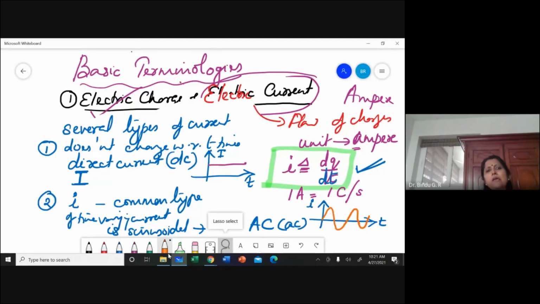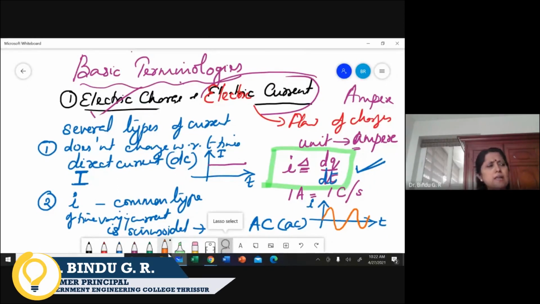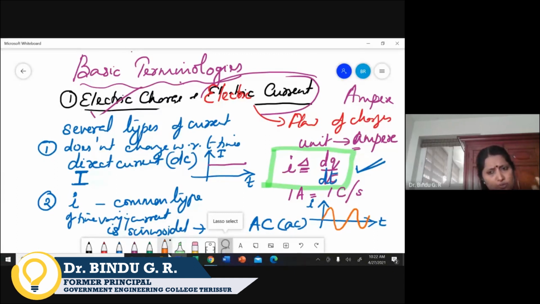Now, where do I have DC? Where do I have AC? All the appliances in our household, like washing machine, though within the machine some other changes are going on, but we give AC to our lighting systems, our electrical washing machine, refrigerator, air conditioner, etc. And maybe in our computer, we charge our computer by AC, but within the computer, there is SMPS, or there is a conversion of AC into DC.